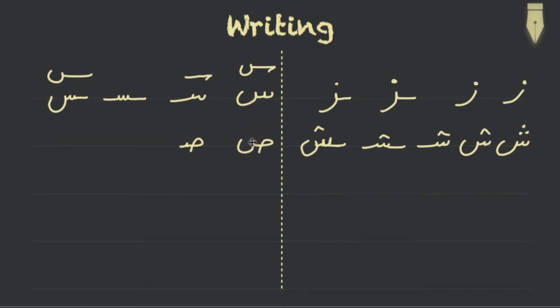So it's just the beginning of this one, and it has always to have one of them, either this way when it's isolated form or at the end of the word, or just a small one when it's in the initial form or in the medial form. For the medial form, you draw a horizontal line, then you draw the initial form. For the final form, you draw a horizontal line, then you draw the isolated form.